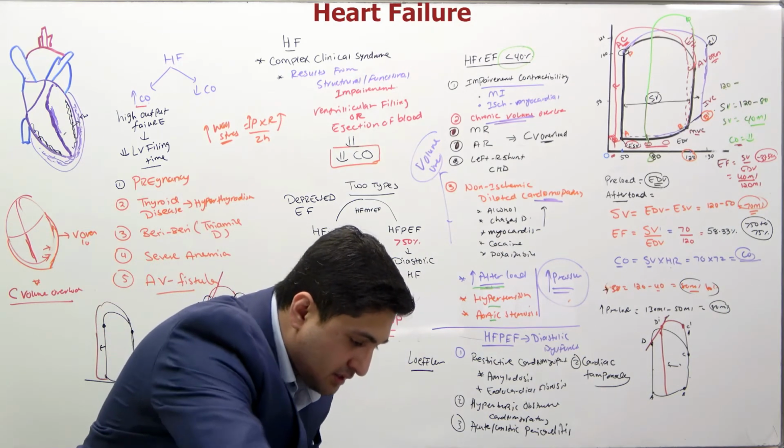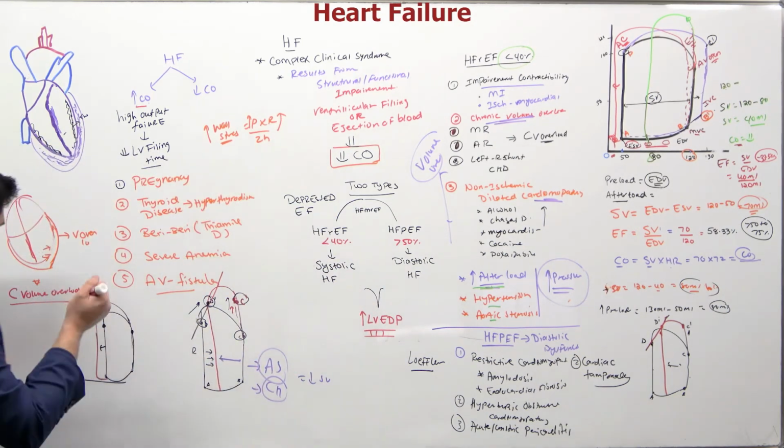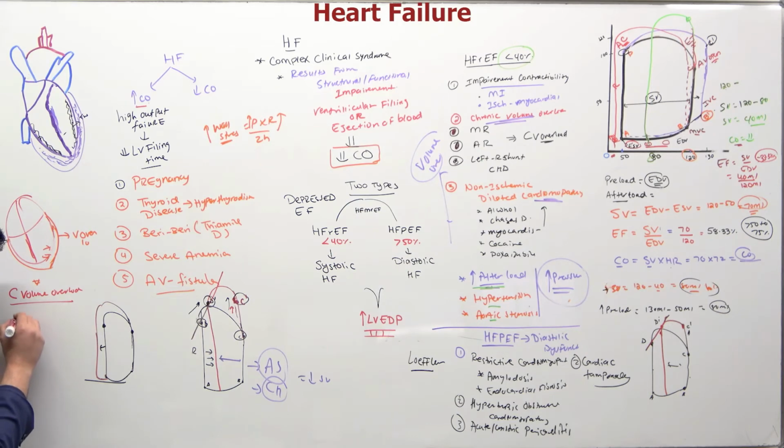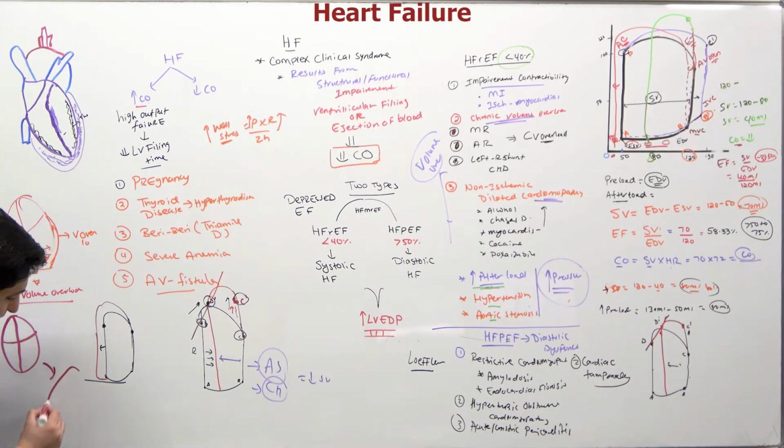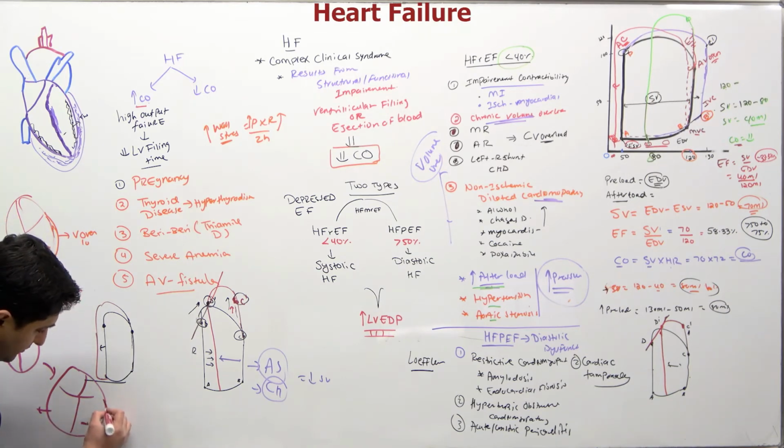Let's write down here these myocytes, let's just say we're making the ventricle. This is a normal one, okay? If there's a chronic volume overload, this becomes like this. You see, there's a lot of dilation compared to this one. This has happened because of your sarcomeres.